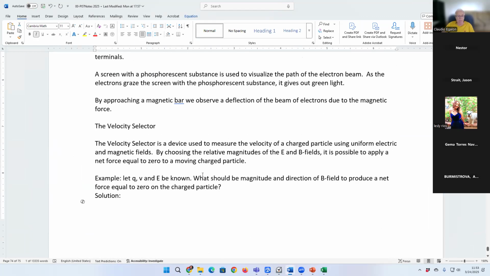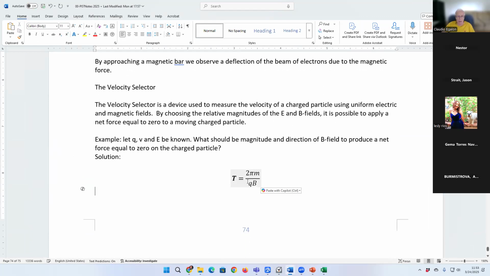The electric force is going to be given by, you already know that from the previous chapters, QE. That is the magnitude of my electric force. The magnitude of my magnetic force is going to be given by QVB, right?